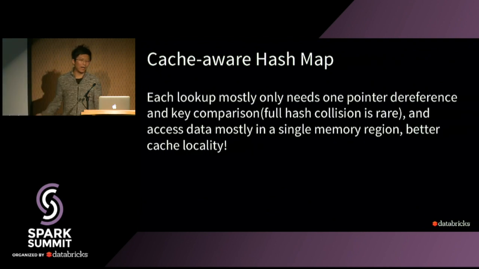So this means in an environment that has many hash collisions, this cache-aware hash map can dramatically reduce the time you jump between two memory regions and give you very good cache locality and good performance.